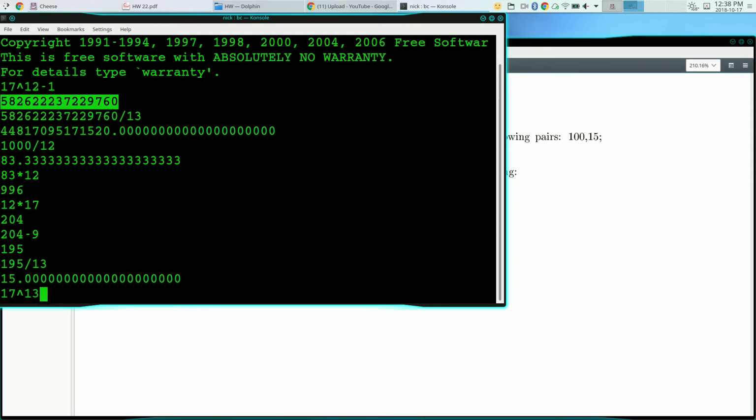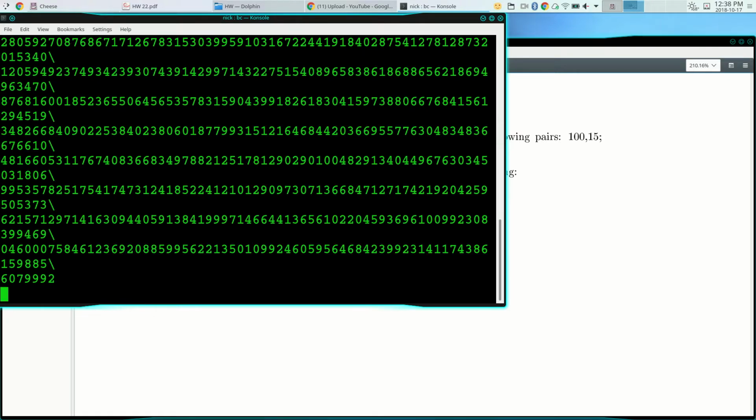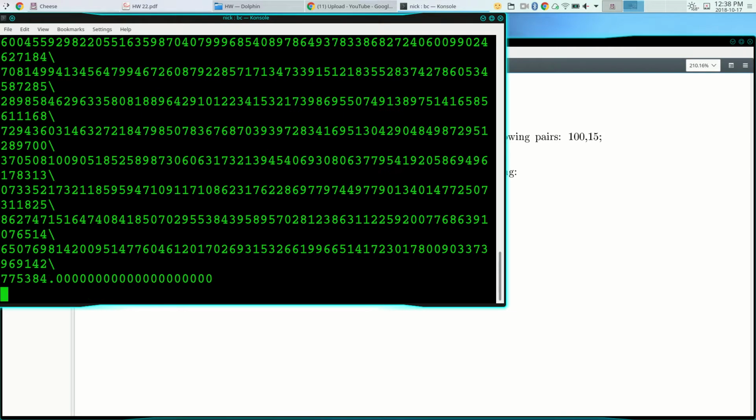So if we take 17 to the 1000th and subtract 9, we get this big, long, ridiculous number. And if we divide by 13, we get an integer. How big is that number?